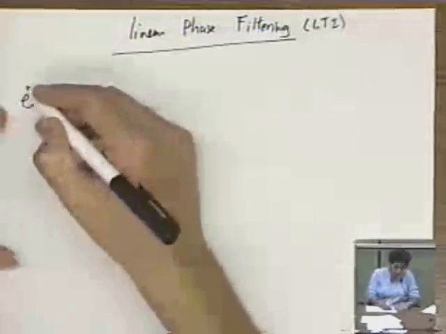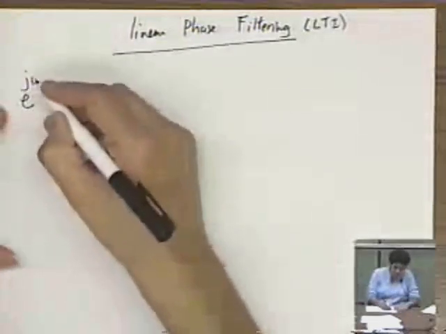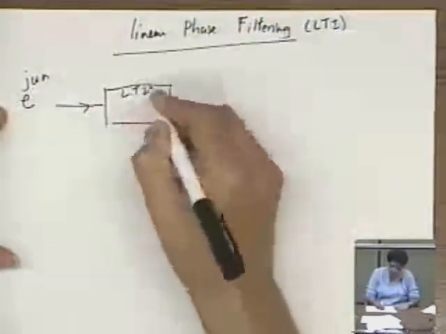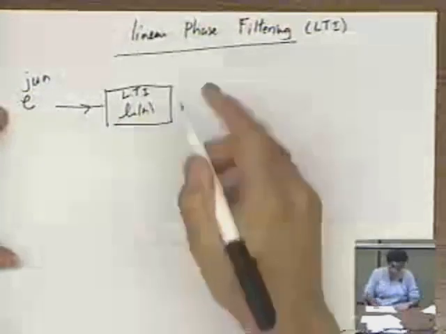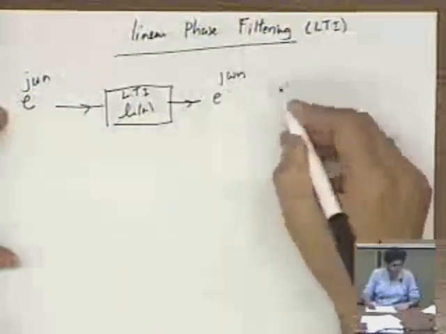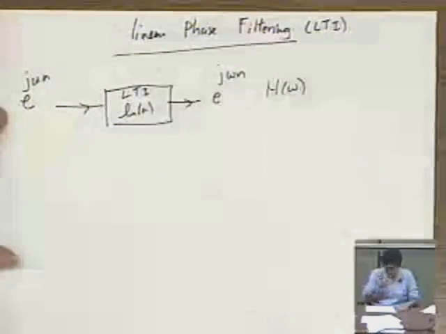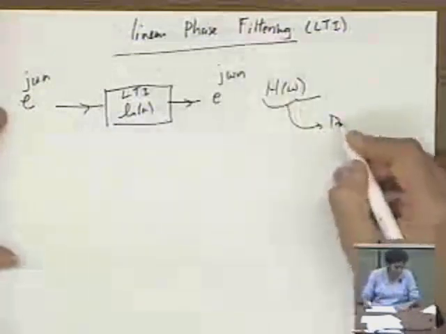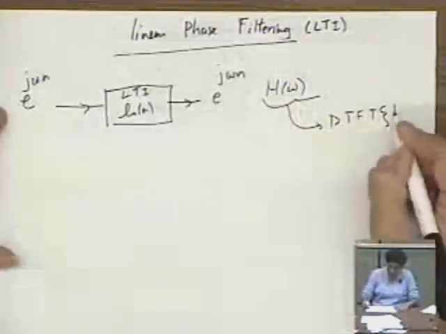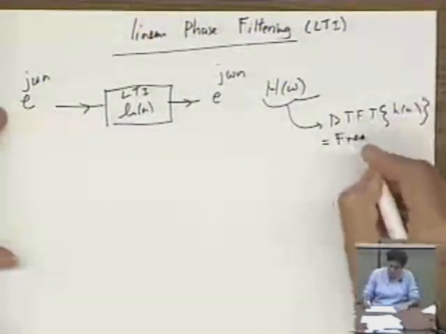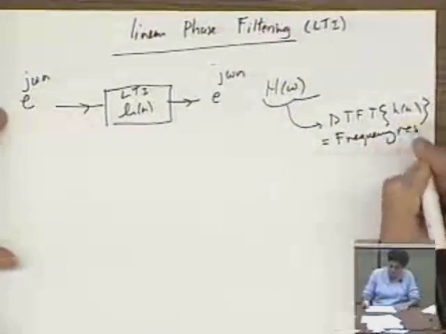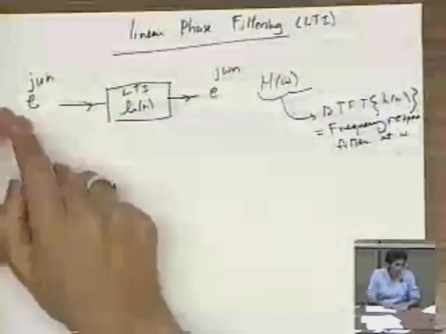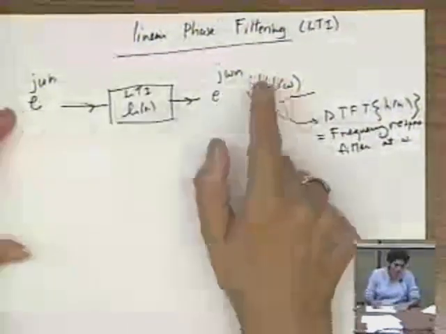Recall from, I don't know, lecture number 1 or 2, one of the things we learned about LTI systems was that if you input to it an exponential, e to the j omega n, what comes out of it is the same exponential times some other number, which we called H of omega, which we discovered is the DTFT of h of n, which we also call the frequency response of this filter at omega.